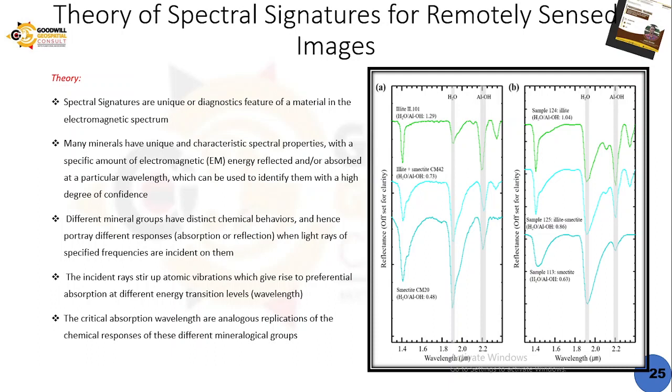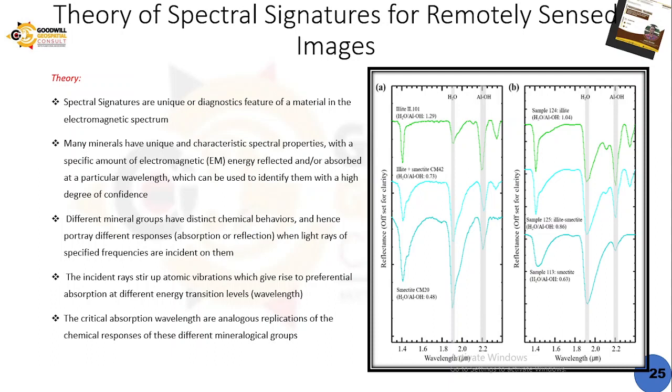Critical absorption wavelengths are an analogous replication of the chemical responses of these different mineralogical groups. So the critical absorption wavelength is diagnostic of the chemical responses of these mineral groups.